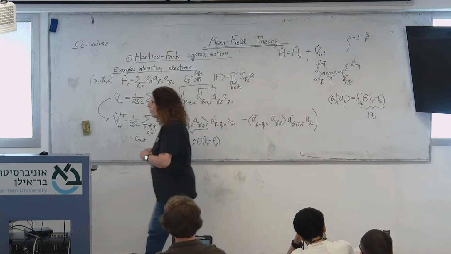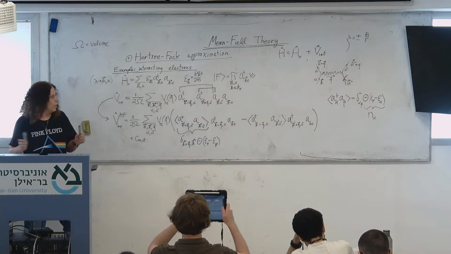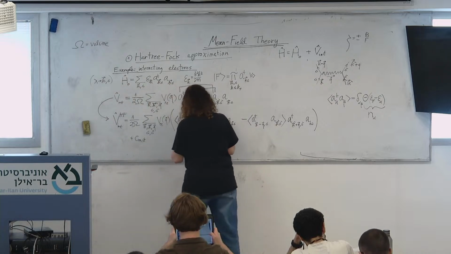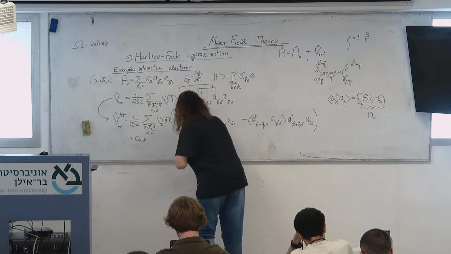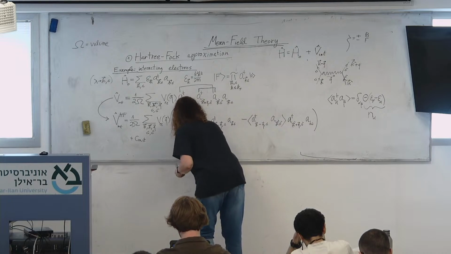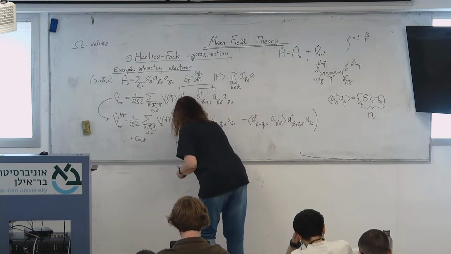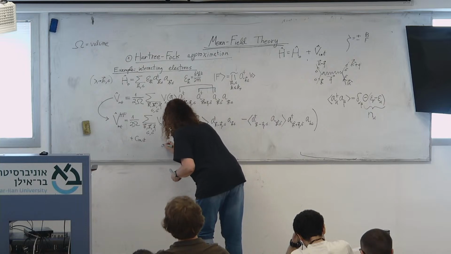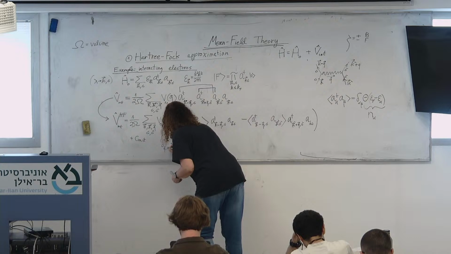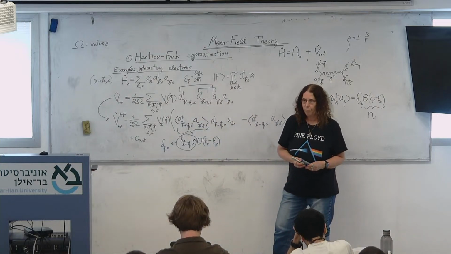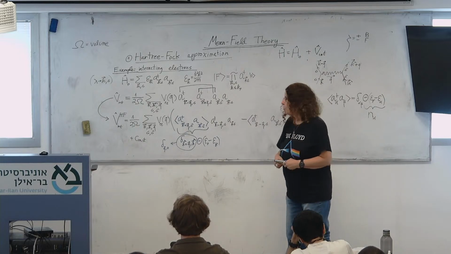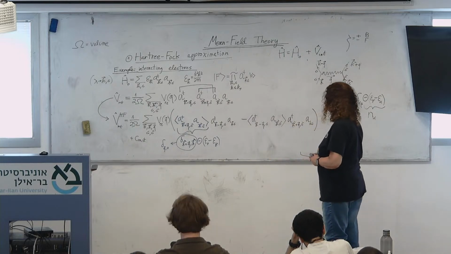What about the second term? This delta can be expressed as a delta of q and 0. You can forget about the k prime, and it's true for any k prime.